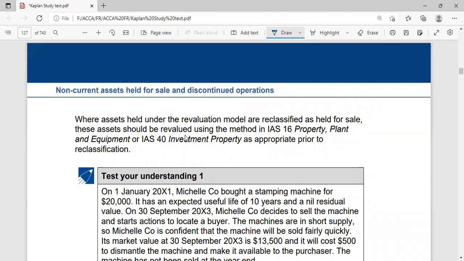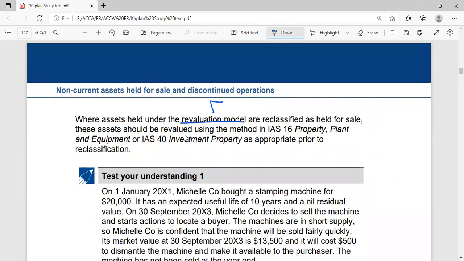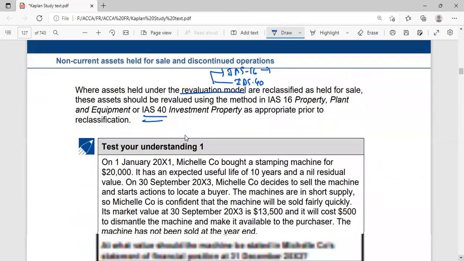Where the asset is held under the revaluation model, we follow either IAS 16 or IAS 40. If it is an asset relating to property, plant and equipment, we classify it under IAS 16. If it is relating to investment property, we classify it under IAS 40.